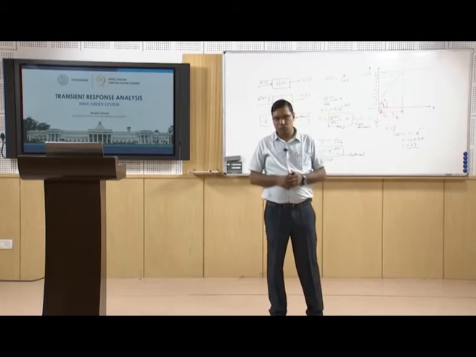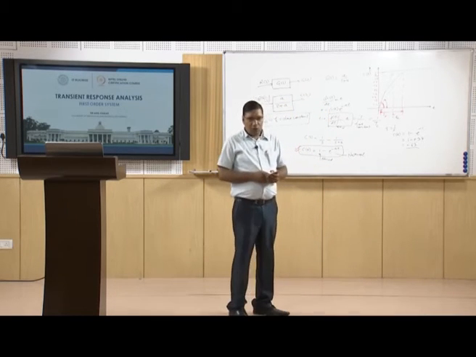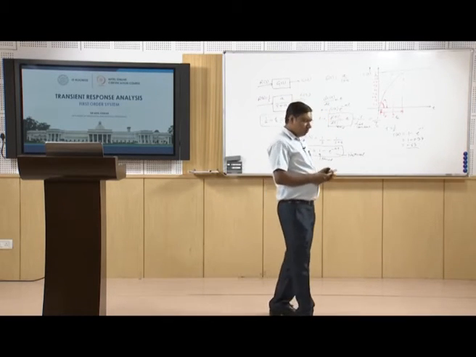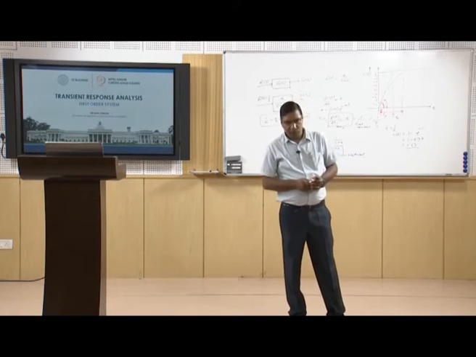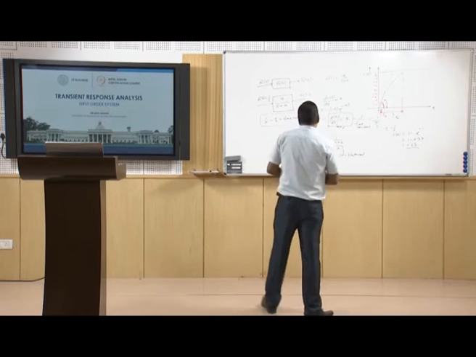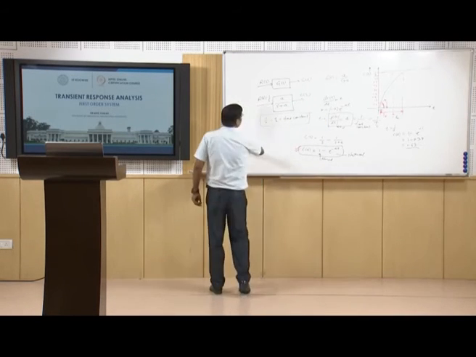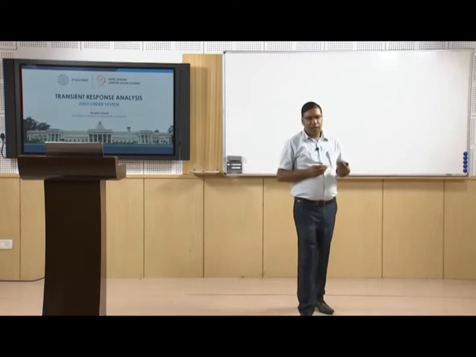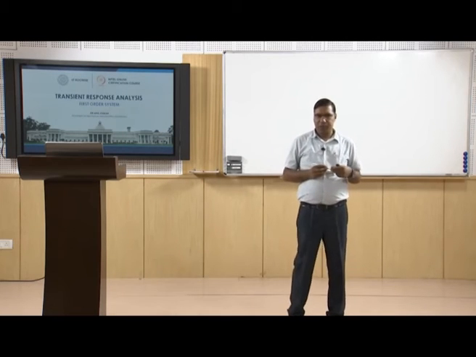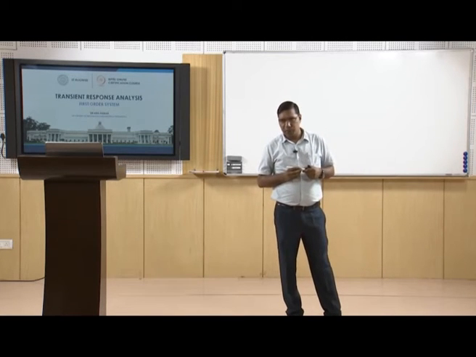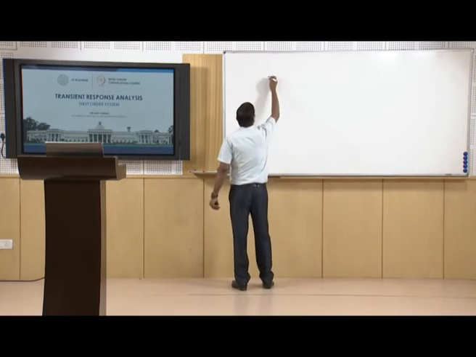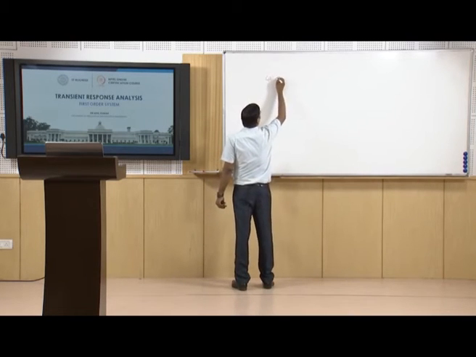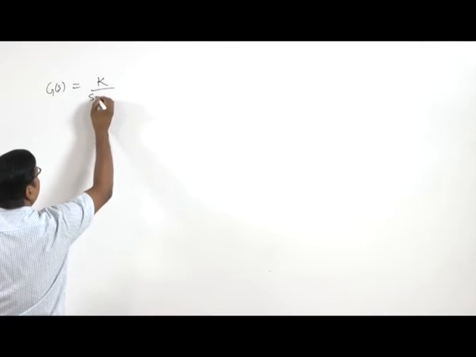So, how can we do it? How can we make the transfer function of a system from the response of the system? So, let us discuss. Let us first assume that we have a general transfer function of first order, that is G(s) equal to k upon s plus a.